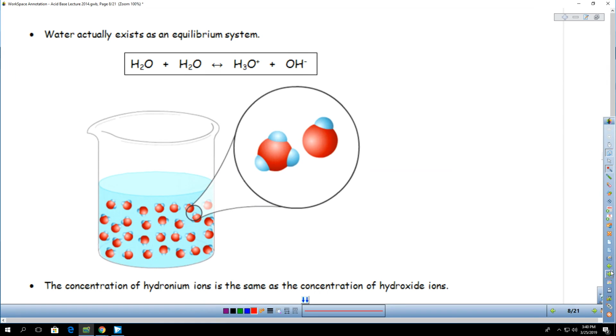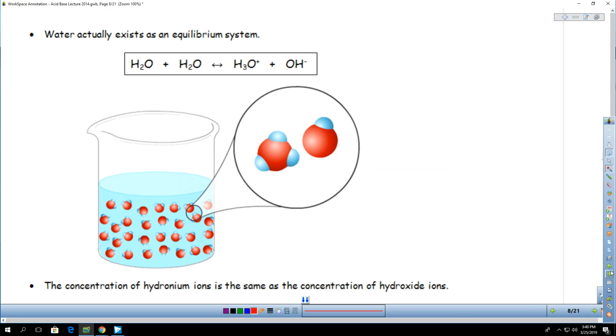Okay, so then here's kind of where I want to wrap things up. Water really exists as what we call an equilibrium system. There's a whole bunch of water molecules in a beaker, and notice again that double-sided arrow. We were looking at that back in some of those weak acid, weak base equations.